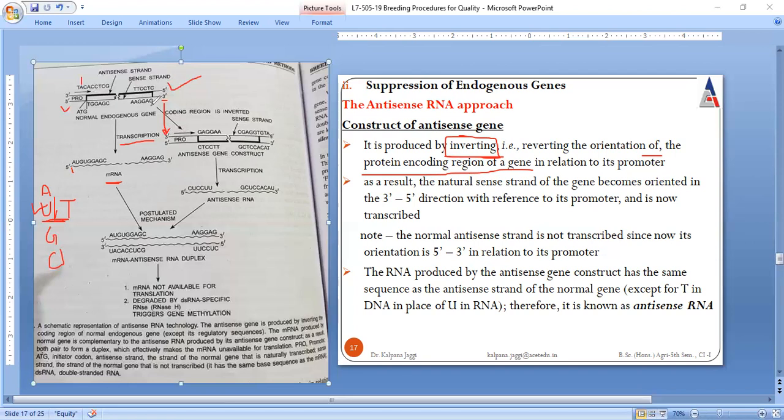So if this is the sequence, here the sequence was A, and now that we have inverted the position, the sequence is also going to be reversed.